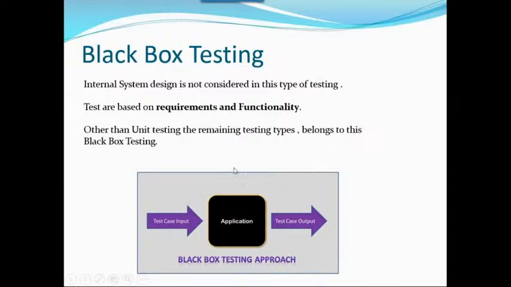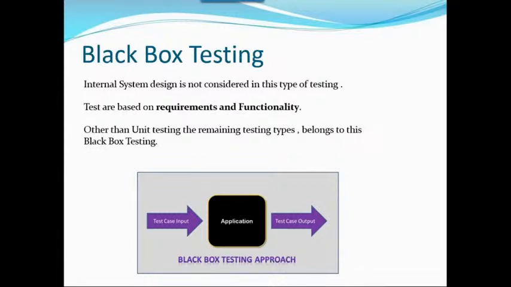Black box testing is done by the QA, and we never see any code. How do we test? The test is always based on requirements and functionality. These two are very, very important. Based on the requirements and the functionality, we need to test the application.